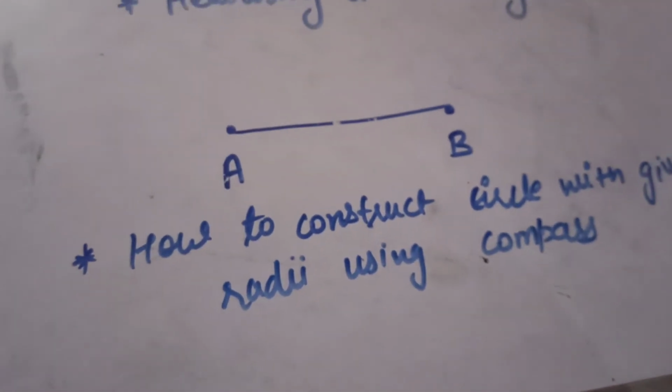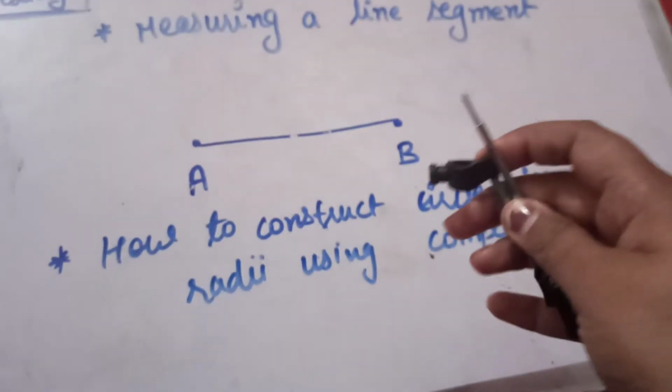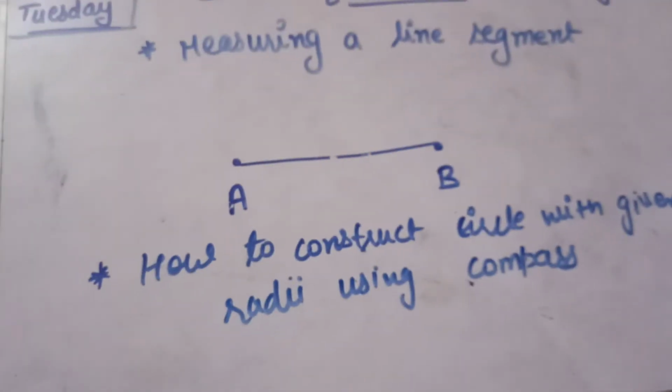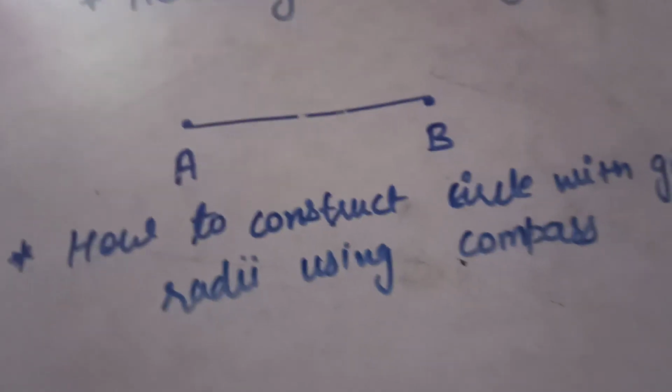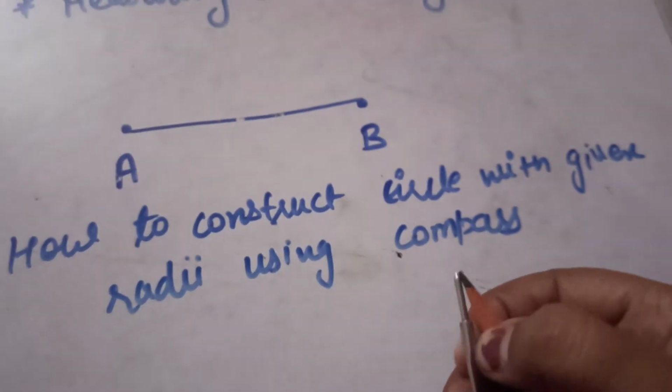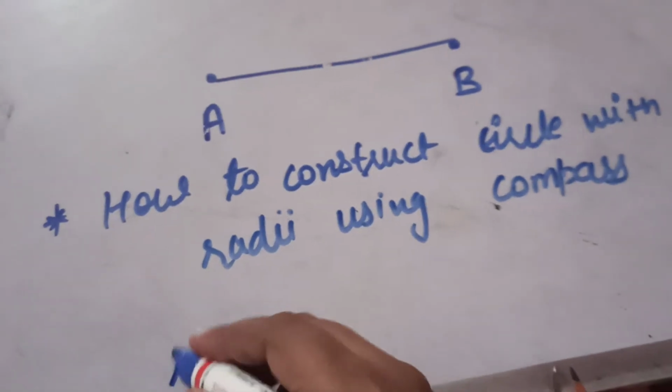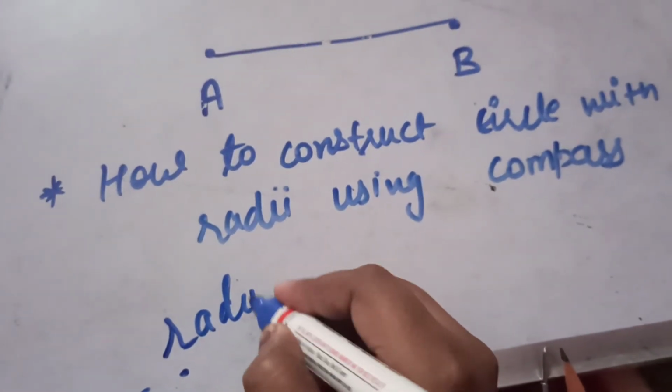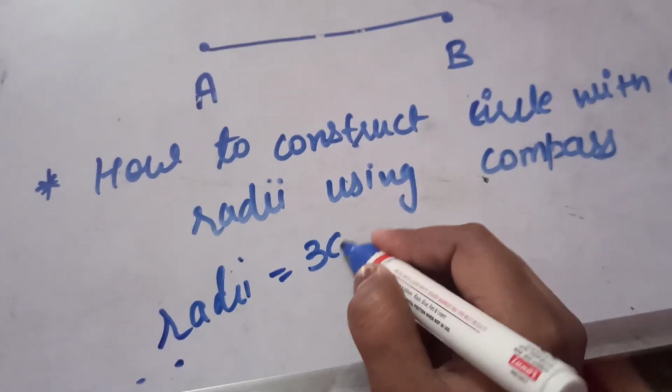For this, firstly we will put the pencil into it, and like this you will make it equal. Now the radius is given here, that is 3 centimeter. The radius is given as 3 centimeter.